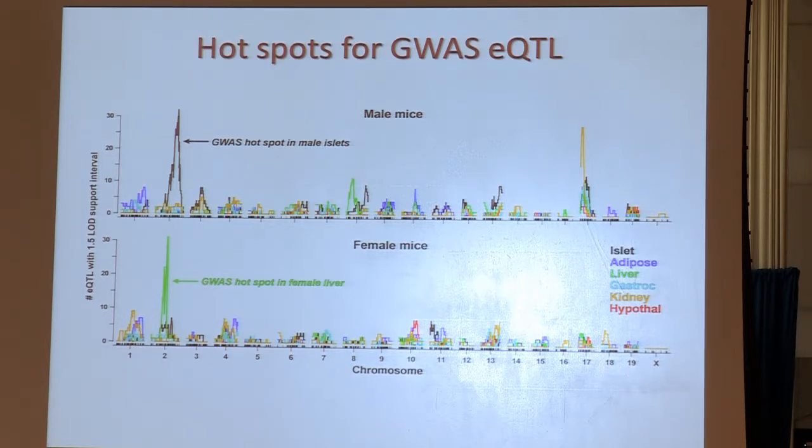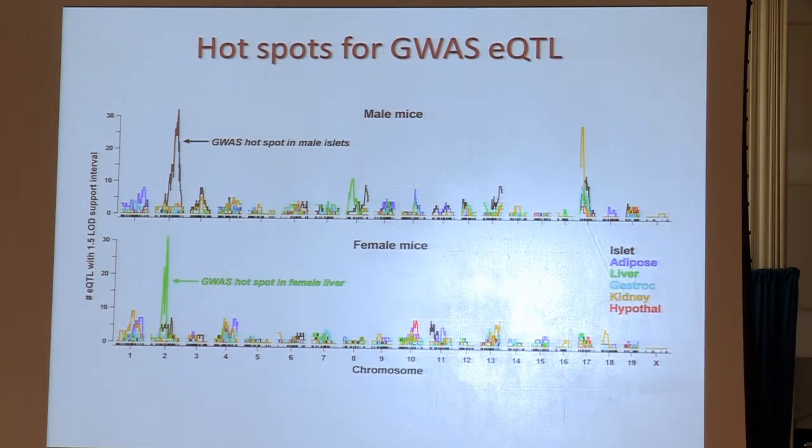So not only does this show tissue specificity, it shows sex specificity, and we actually see that a great deal in the mice, is sexual dimorphism in their behavior. Well, the females also have a large skyscraper, but it's green, and that's a liver. So there are eQTL hotspots for these GWAS genes, some of which play a role in the islet, and some might be playing a role in the liver.